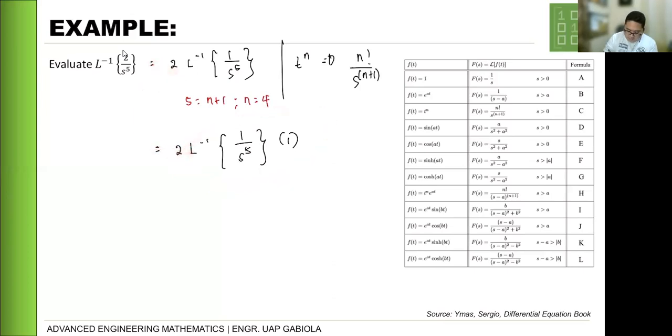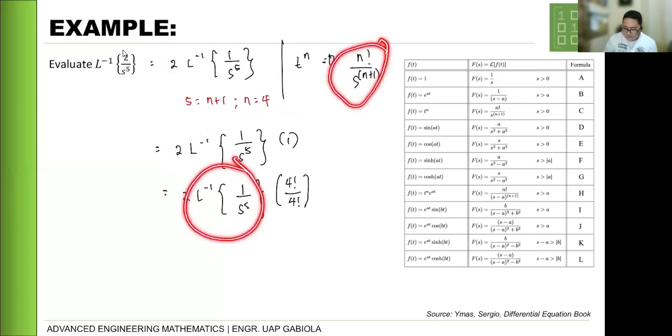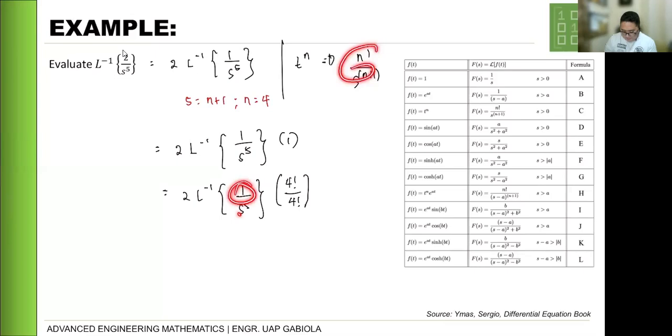But that 1, we can manipulate to be a value that we need: 4 factorial over 4 factorial, which is also equivalent to 1. Now, to convert what is inside back to its f of t function, we need to have a 4 factorial inside, because our s raised to 5 is actually n equals 4.